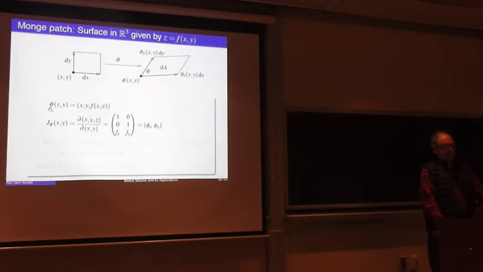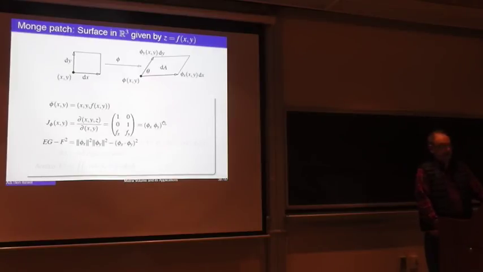So the mapping is then phi of (x, y) equals (x, y, f of x, y), and the Jacobi matrix is the matrix of partial derivatives with respect to x or with respect to y. So this is phi x, phi y of Gauss. All it is, you have an identity on top, and below we have the partial derivatives of f with respect to x and y.